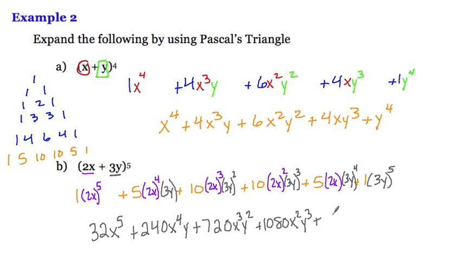This guy simplified would give you 810 x y to the 4th. And the last guy there would give you 243 y to the 5th.